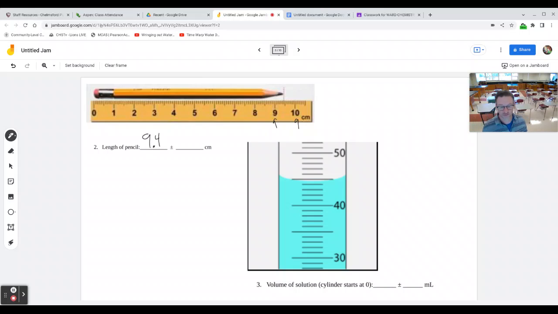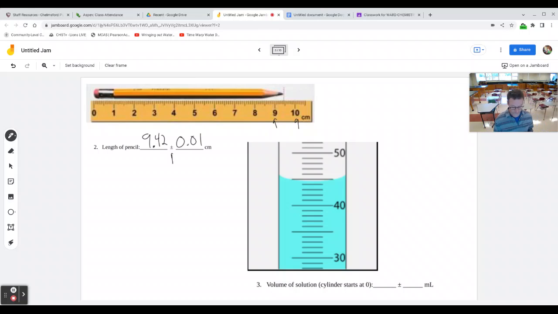So it's 9.42. Again, that last digit is my estimate. It's close to the 9.4. It's a little bit hard to see here if it's 9.2 or 9.3, which again is why we're going to say here plus or minus 1/100th.